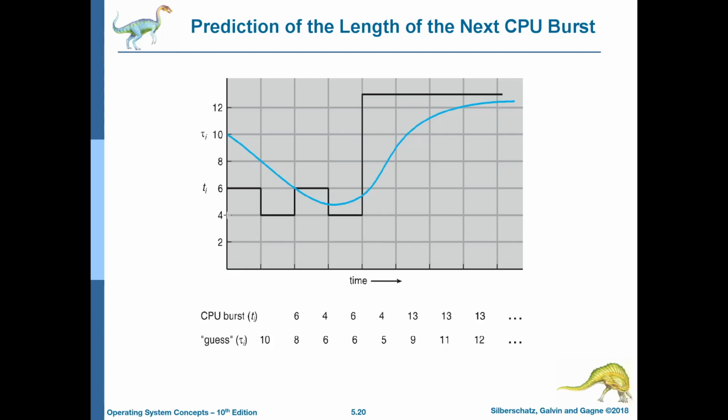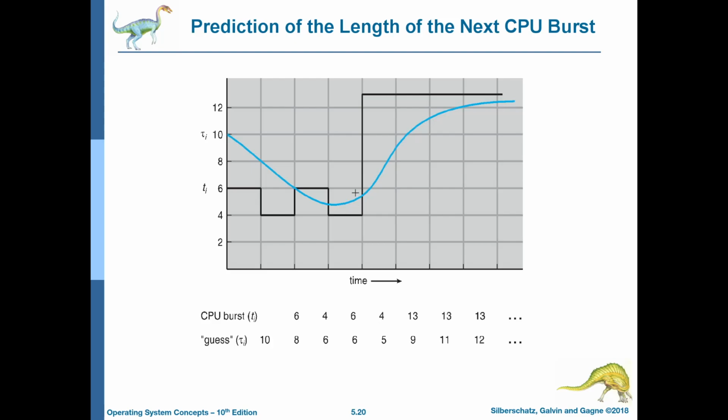Now, you can see here this is an example of exponential averaging and the prediction of the next burst. The black line here actually shows the actual bursts. You'll notice here that it starts at 10 predicting at 10, but these short bursts here cause the exponential average to go down.